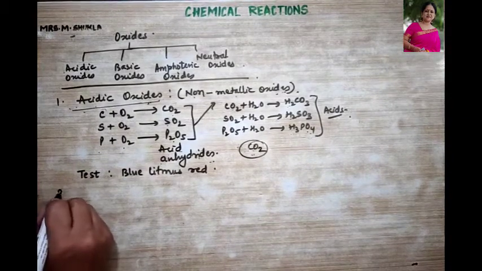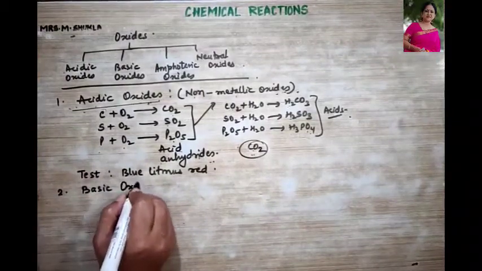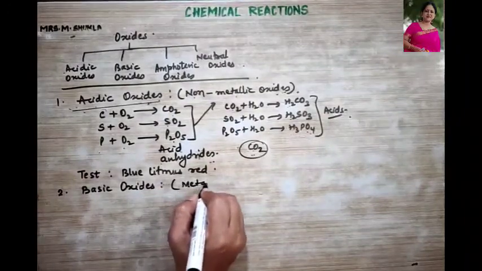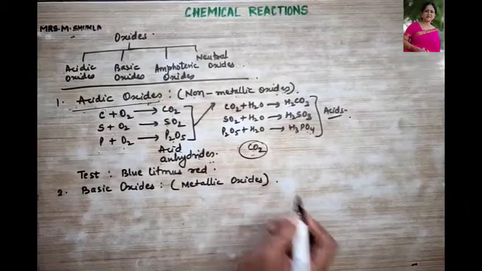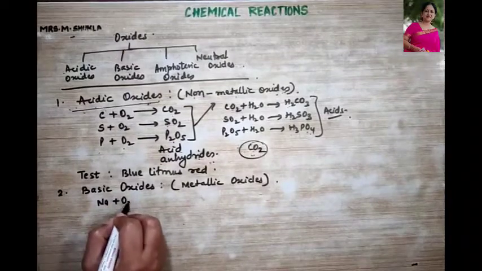Now let's talk about basic oxides. What are basic oxides? They are metallic oxides. Okay, now let's see Na plus O2.